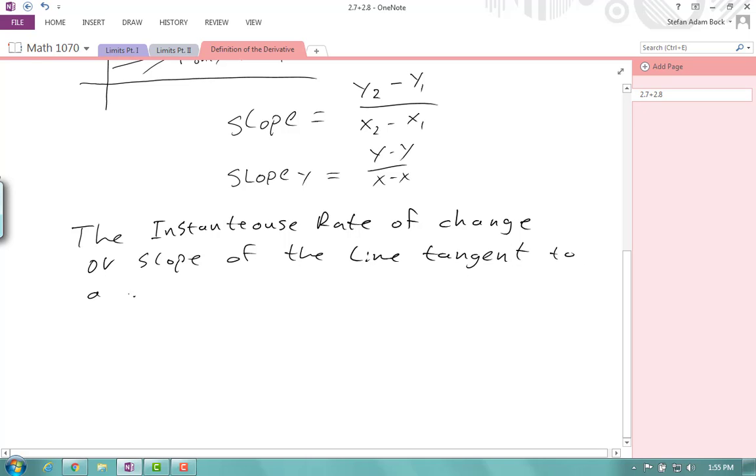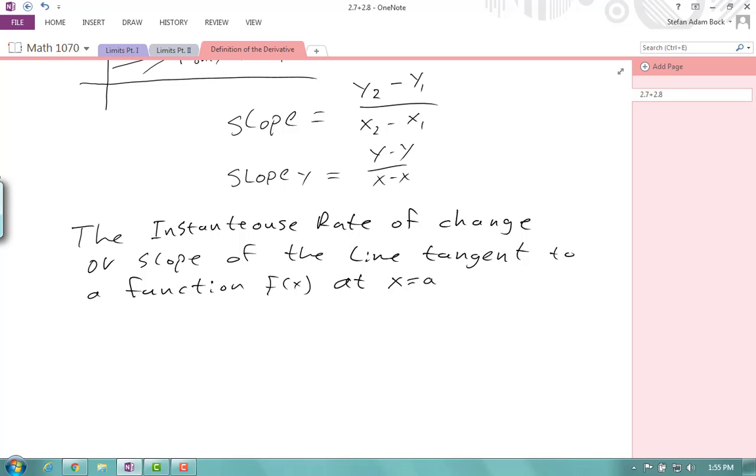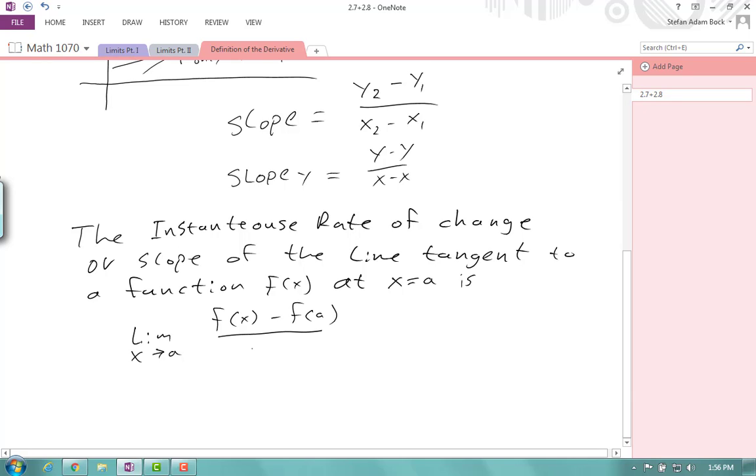so the instantaneous rate of change, or slope of the line tangent to the function, at x equals a is the limit of f of x minus f of a divided by x minus a.